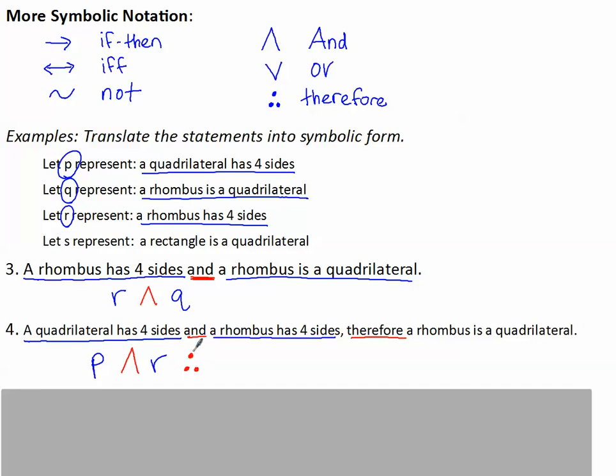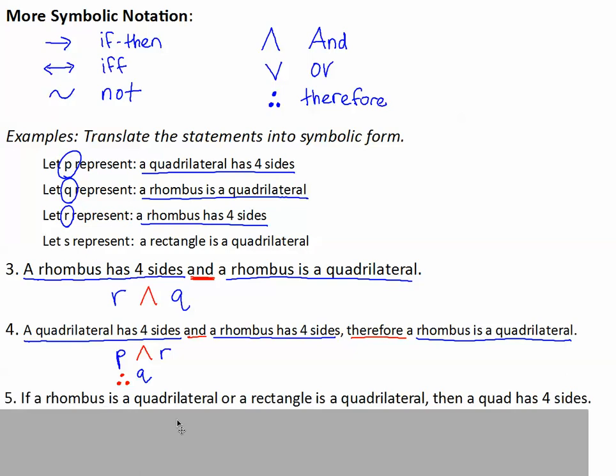Now, because therefore is like we're concluding a statement, we really want it underneath that statement to say this is what follows. So we'll put dot, dot, dot, and then a rhombus is a quadrilateral, the letter Q, like that. So remember, when it's therefore, it should come beneath it.